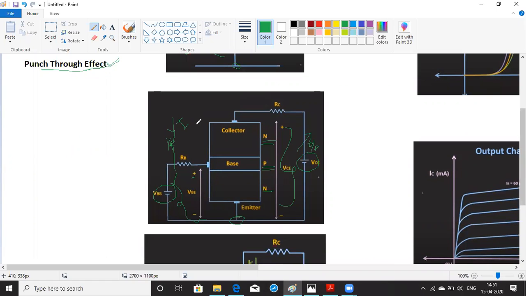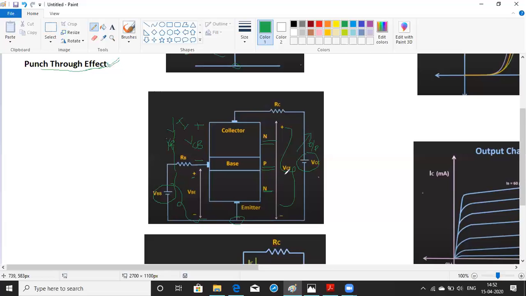We also have one more voltage, plus minus VCB, which is the collector to base voltage. This collector to base voltage and the base to emitter voltage, when summed, will give you VCE. Please don't get confused.